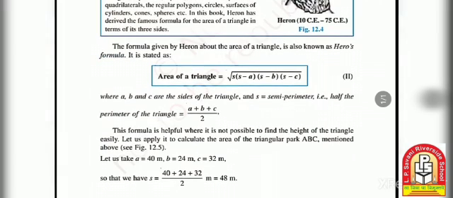Let's see that formula. Area of triangle is equal to the square root of s(s minus a)(s minus b)(s minus c).